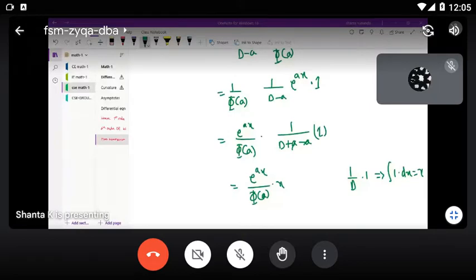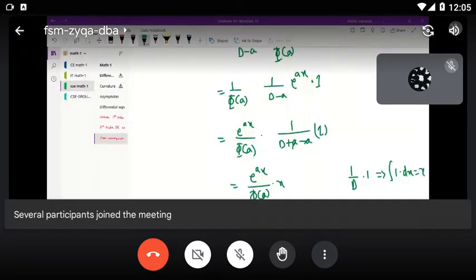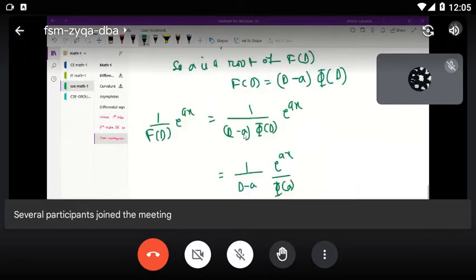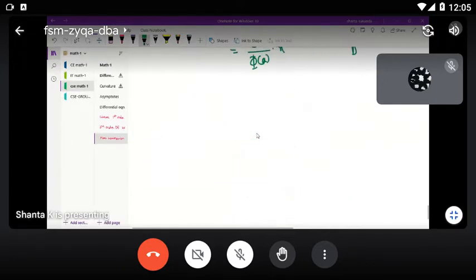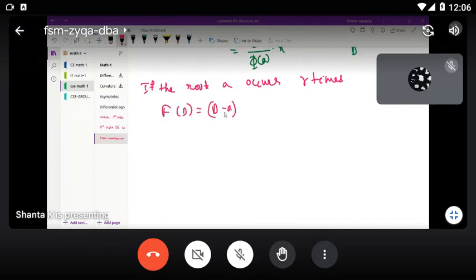Similarly, if the root a occurs r times, so here we took the root a occurring once. If the root a occurs r times, then this f of d, you can write it as d minus a power r into phi of d.